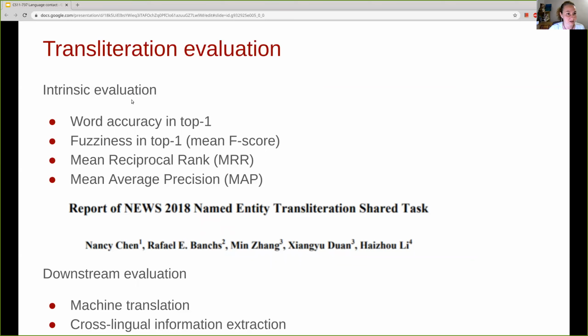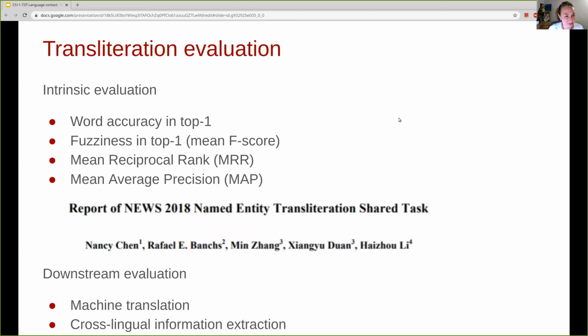So the first one focuses on exact match, on the accuracy or exact character match of the top one generated candidate for transliteration. The second is the mean F-score metric, and it measures how different on average the top transliteration candidate is from its closest reference.